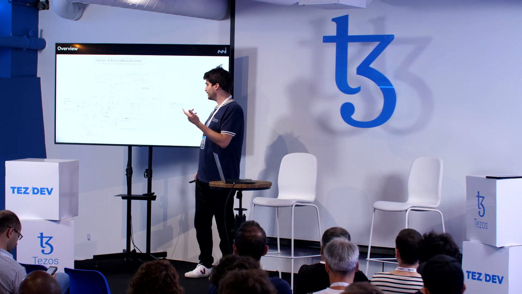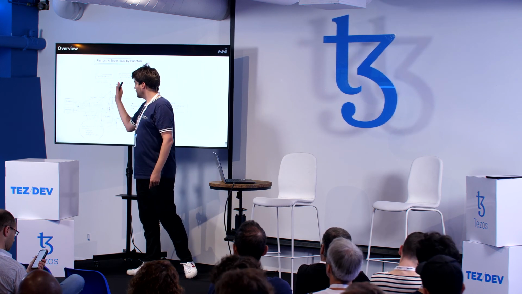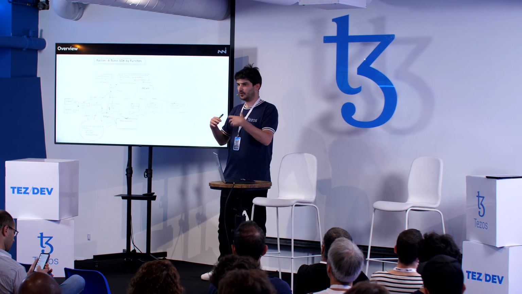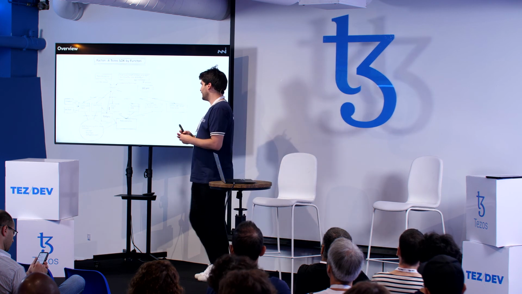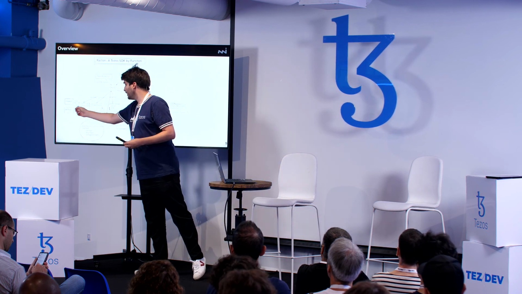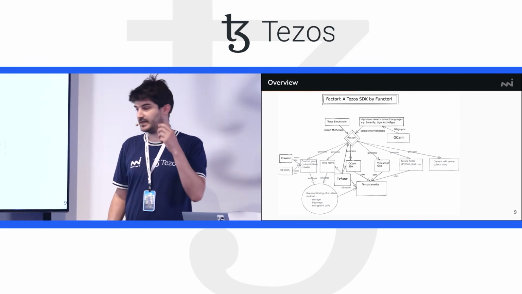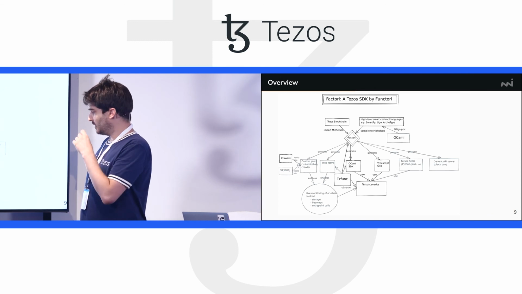So we have our own indexer called Crawlery. And we generate a crawler for your smart contract, which is able to put all the events related to your smart contract inside the database. And we're also working on hooking DipDup into it, and we're open to any other indexers that may be out there that I may not be aware of.